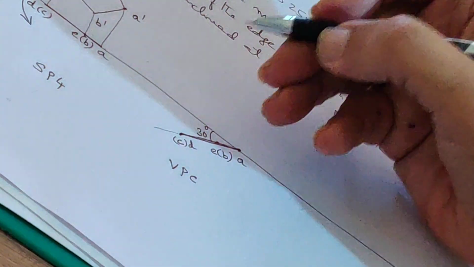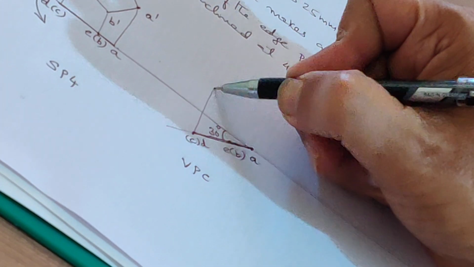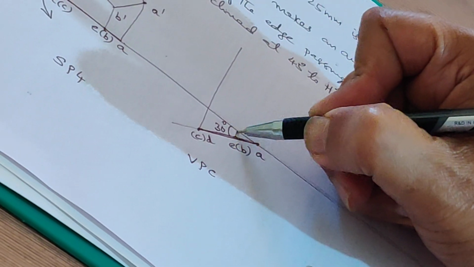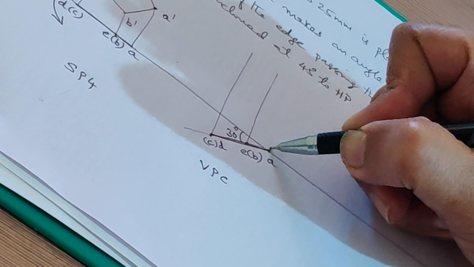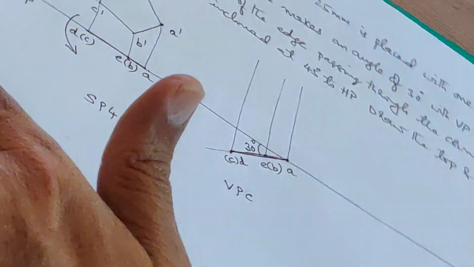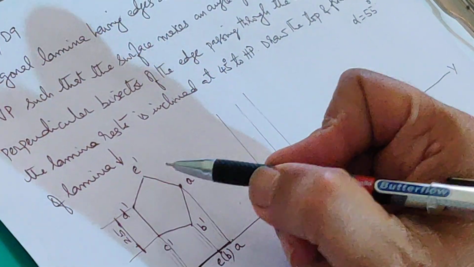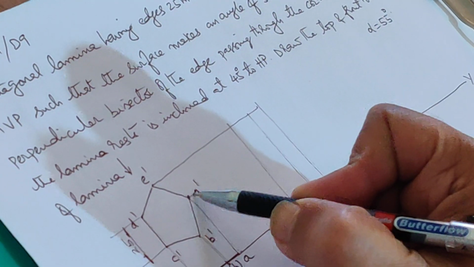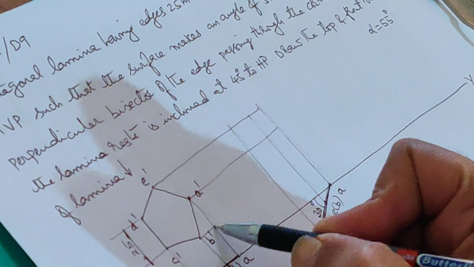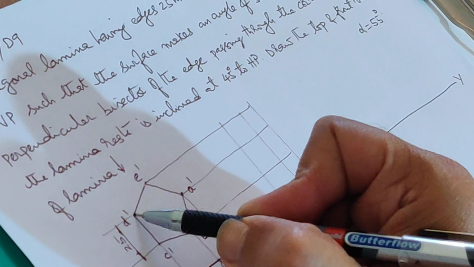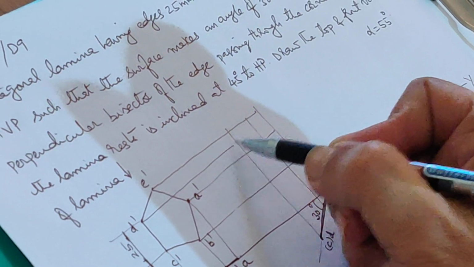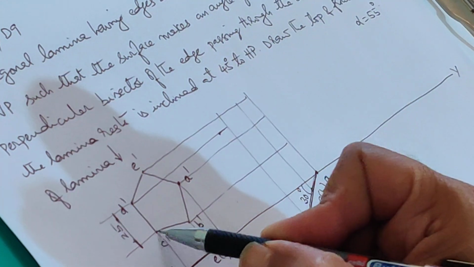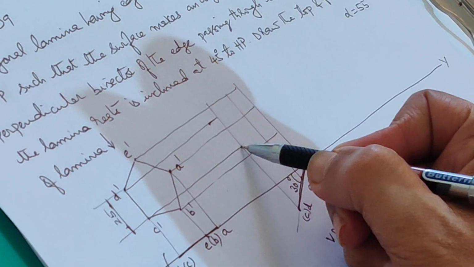Now I need to project and get the front view. I am projecting all the 5 points up, and also I will draw the locus of all the 5 points from the first step. Done.